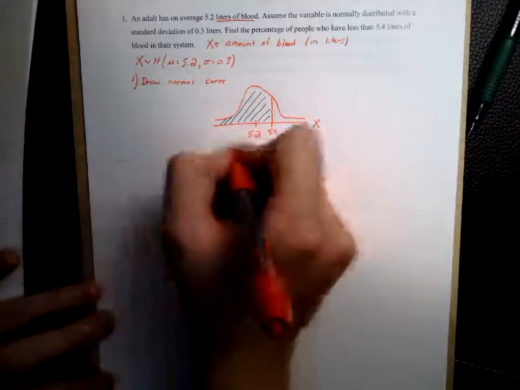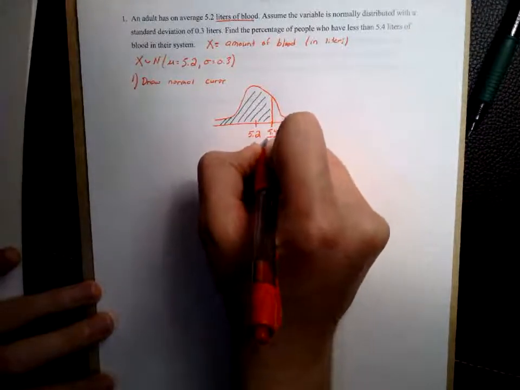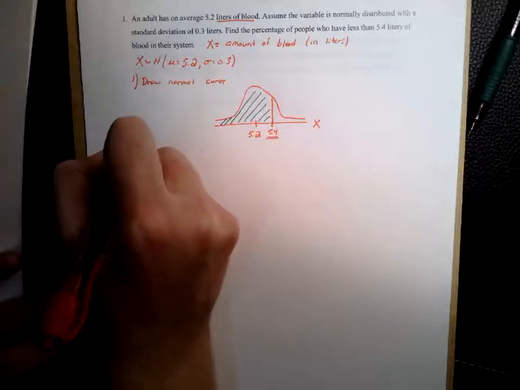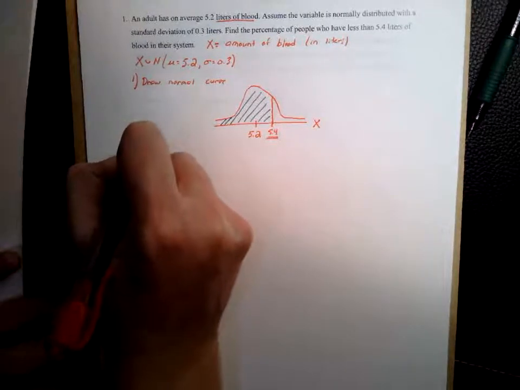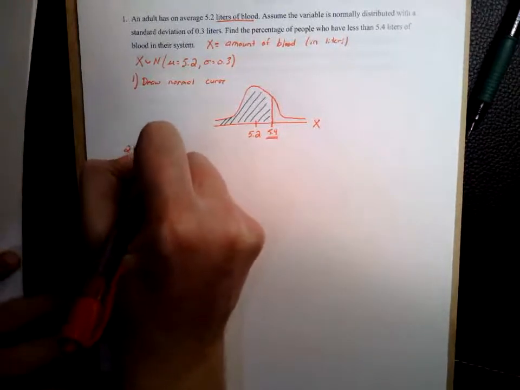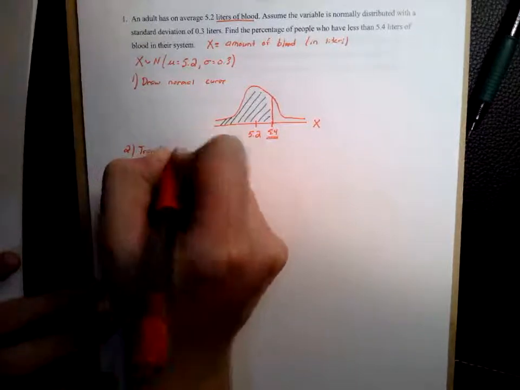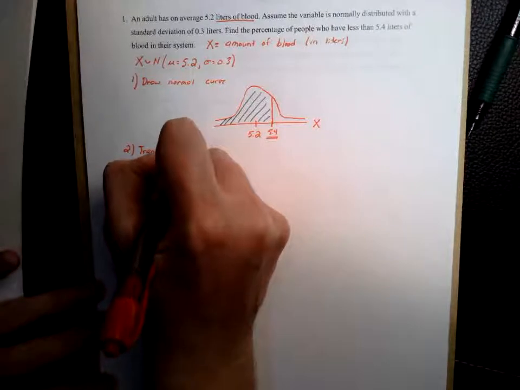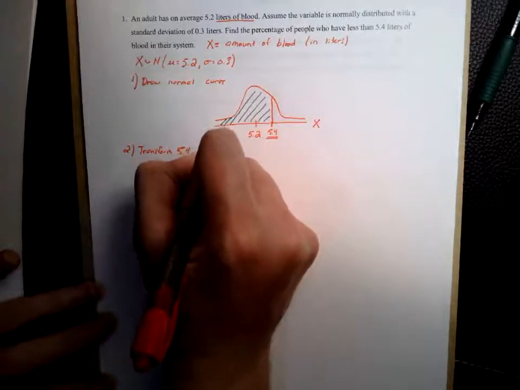The next step is going to be to convert this data value we have into a z-score. So the second step, transform 5.4 to a z-score.